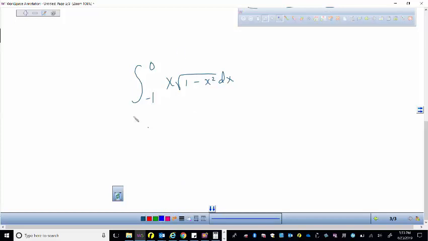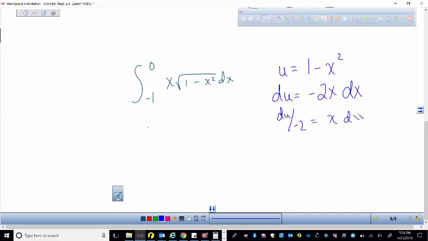Again, this is a pretty complicated function, but I can get it back down to its parent function. So u would be 1 minus x squared. Du is going to be negative 2x multiplied by dx, because of the derivative with respect to x. So du over negative 2 is equal to x dx.